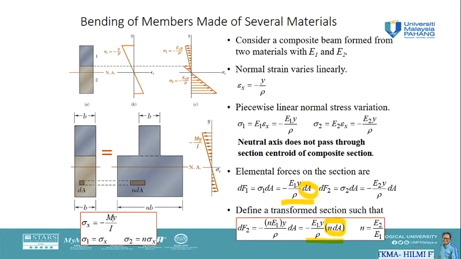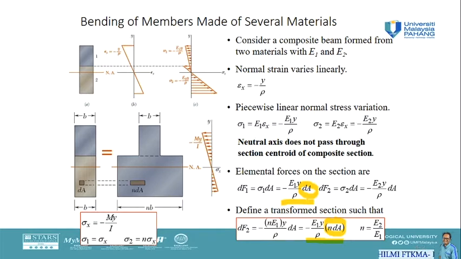So provided that the width of each element of the lower portion were multiplied by the factor n, we are going to get the same ratio of the force and stress.